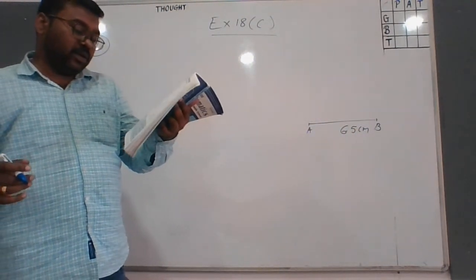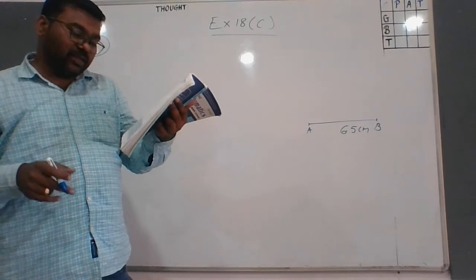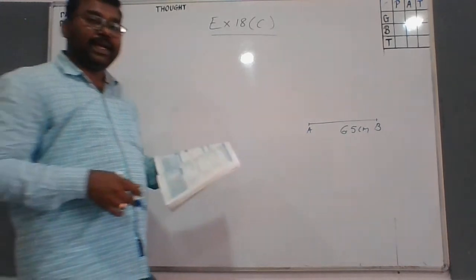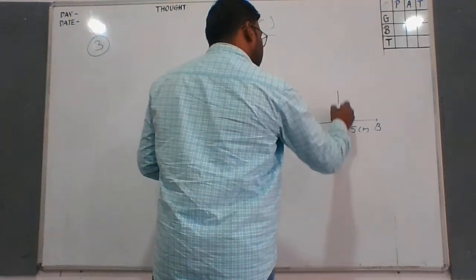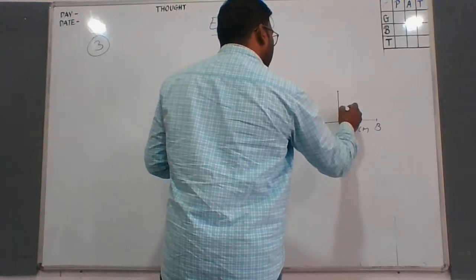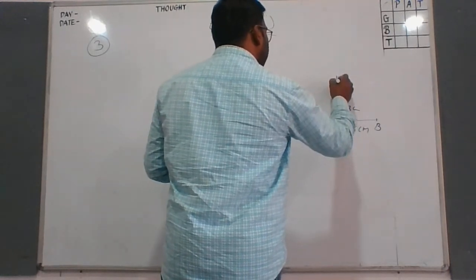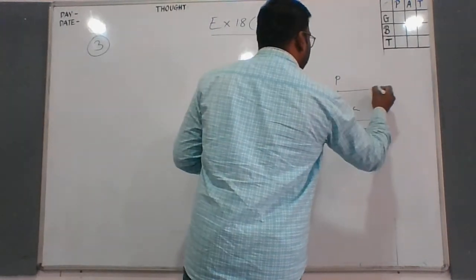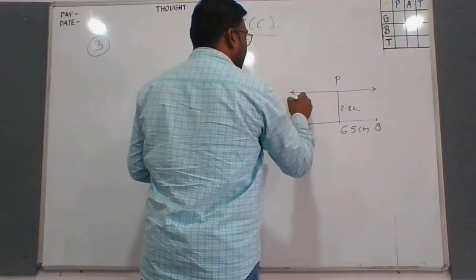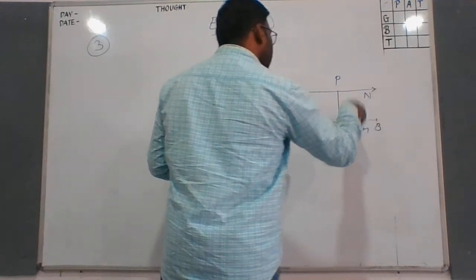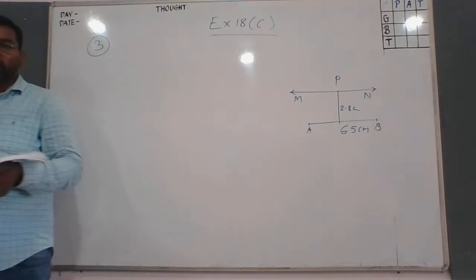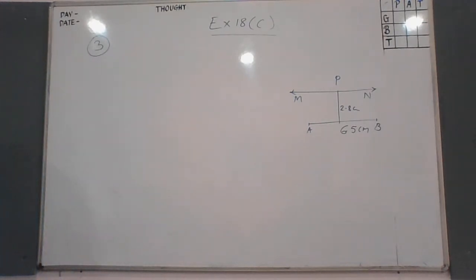Then draw another line which is parallel to AB at a distance of 2.8. Means this distance 2.8 centimeters. Suppose this is the point P, and from here we have to draw another line, suppose MN, which is parallel to this AB. Okay. Now perpendicular distance is given to us, 2.8 centimeter.